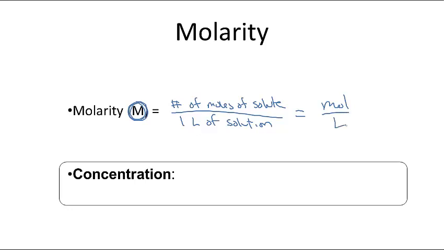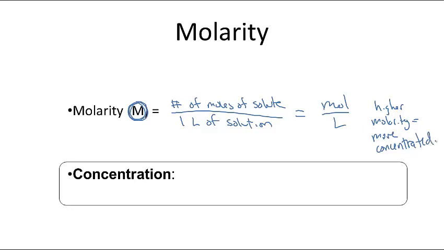Remember when I said that we're going to keep using moles? Moles aren't going away. We'll need them for when we talk about acids and bases. We'll need them when we do something called stoichiometry in a little bit. So this idea of molarity tells you how concentrated a solution is. So higher molarity equals more concentrated.